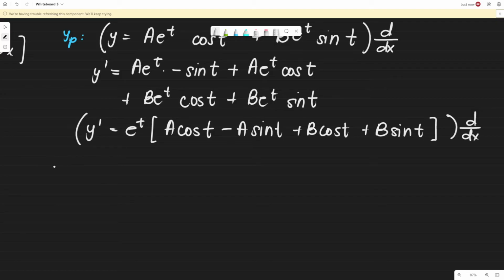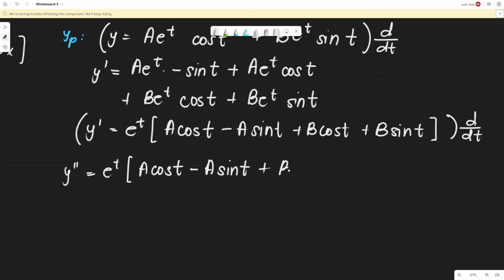Okay, so we have here, sorry, not dx, but dt pala. So we have here y double prime. It's equivalent to, the derivative of e raised to t is still e raised to t. Tapos kopyahin mo lang itong buo. So we have a cos t minus a sin t plus b cos t plus b sin t.